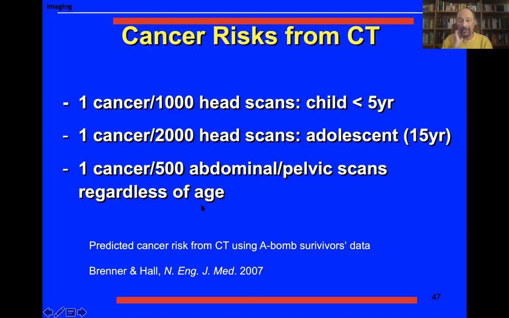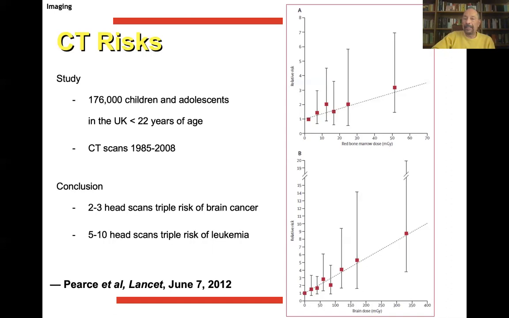So these are numbers not so small, if you think of the amount of scans that are done. But on the other hand, you can say, well, it will be very difficult to detect them. Well, not so difficult apparently, because in the UK, in 2012, they made an epidemiological study on about 176,000 children and adolescents.